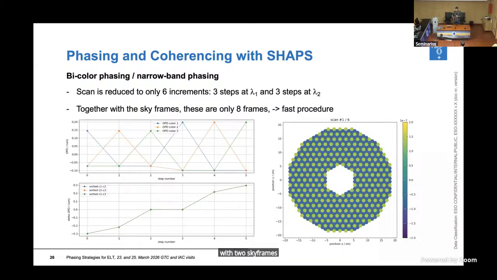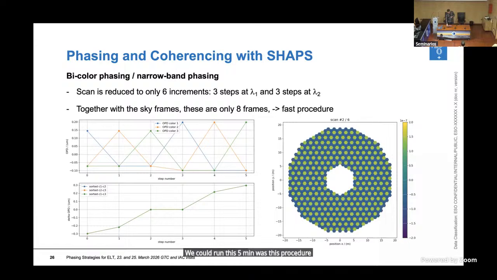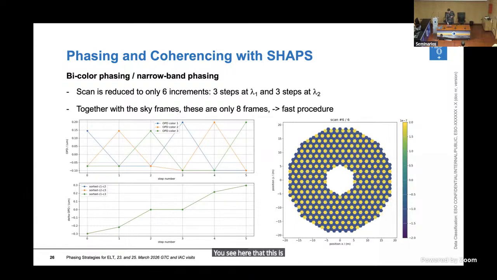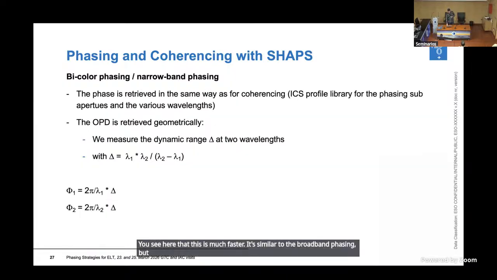If you modulate 3 times color 1 and 3 times color 2, and have 2 additional phases, this makes 8 frames. In 2014, we tested this procedure and could run it in 5 minutes. You see here this is much faster. It's similar to the broadband phasing, but with a reduced trajectory.